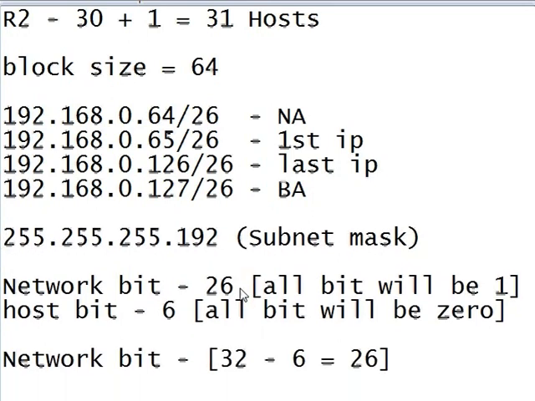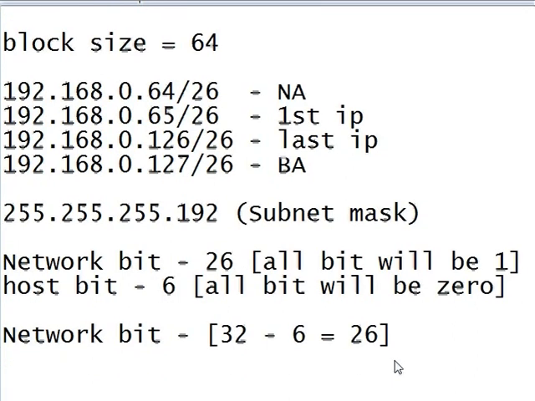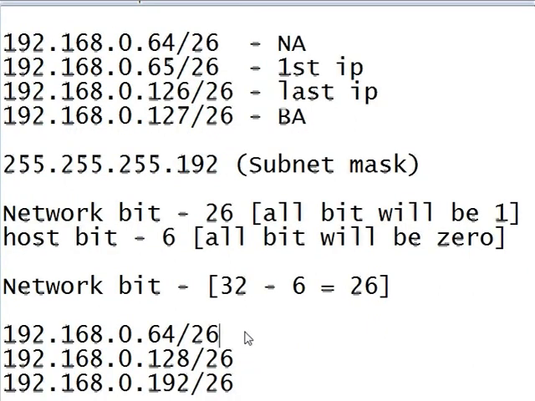Again, in this case the subnet mask calculation: 26 bits are there in the network, host bit is 6, so since network bit is 26, this is how we have calculated.